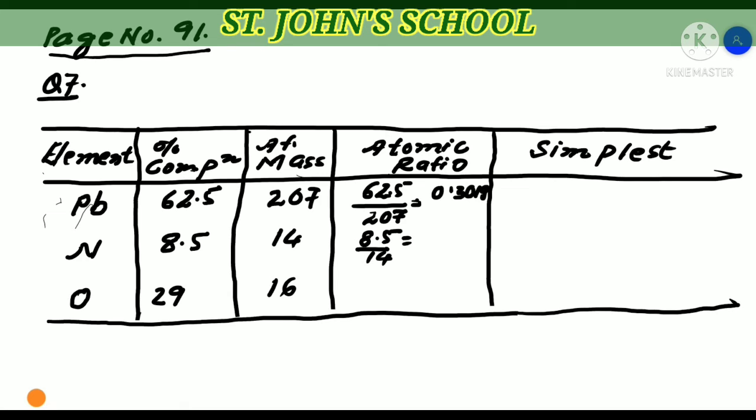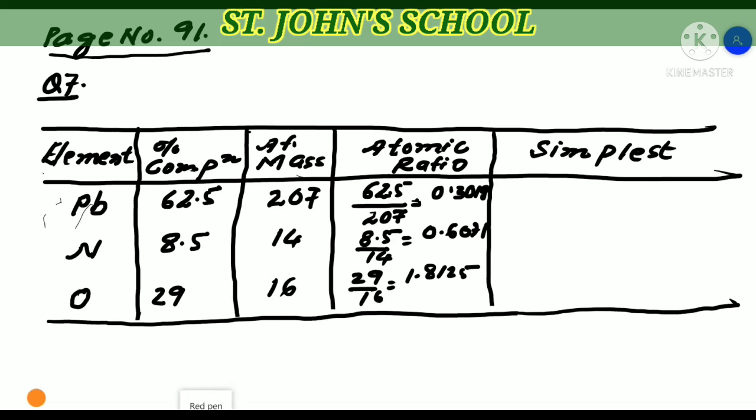If we divide, it comes to 0.6071, and then in the same way 29 divided by 16 comes to 1.8125. I have shown the numbers up to 4 decimal places.